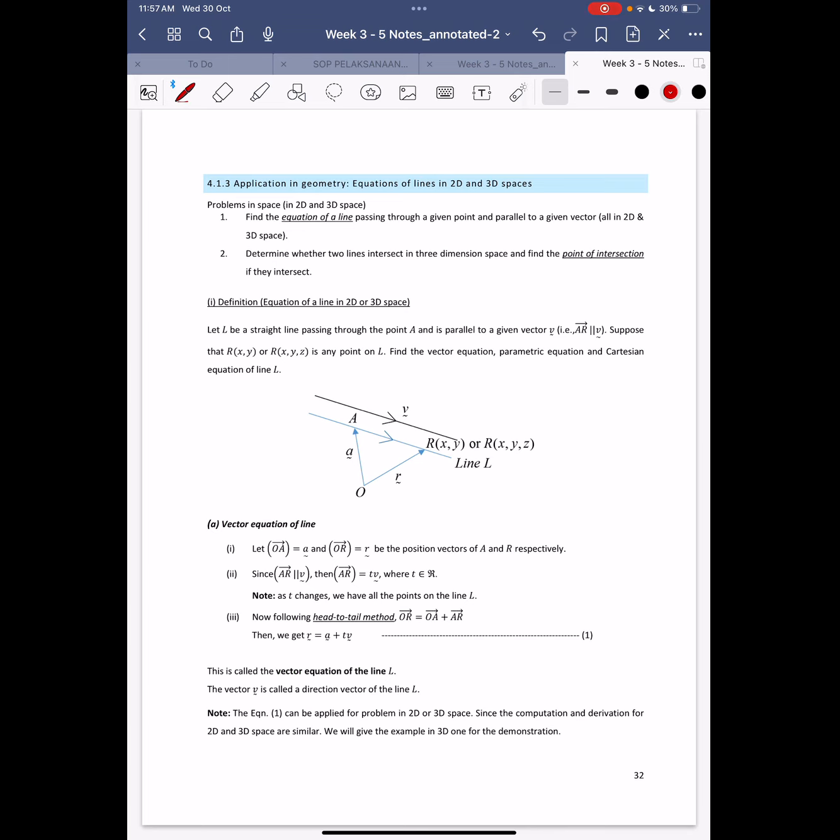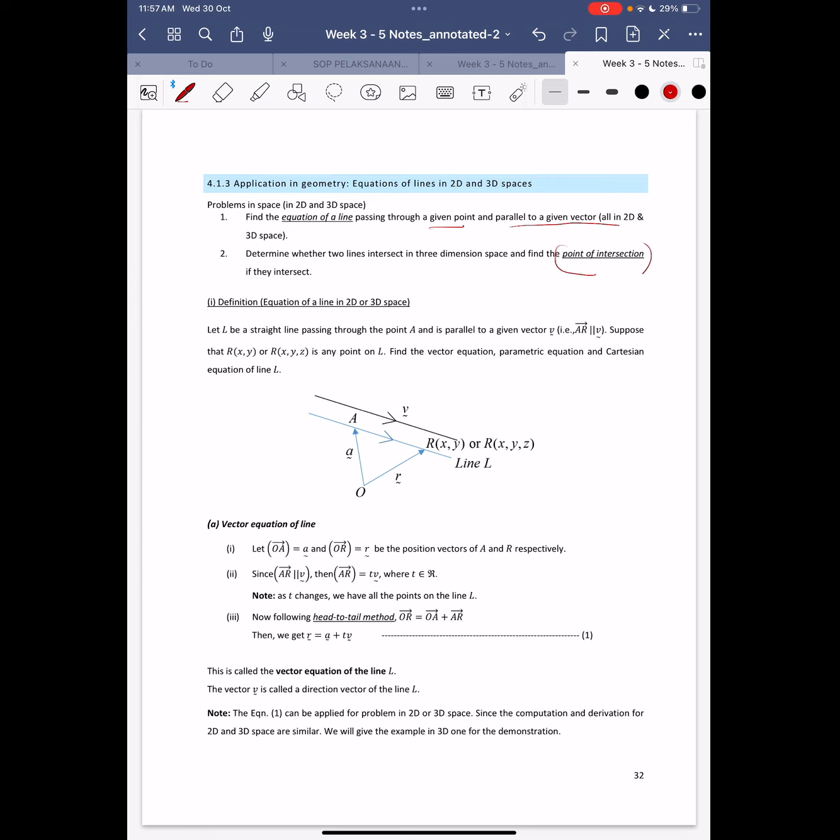If we are dealing with 2D, meaning just X and Y, and also 3D space, we can find the equation of a line passing through a given point and parallel to a given vector, and we can also determine whether lines intersect in three-dimensional space, and if they intersect, we can find the point of intersection.